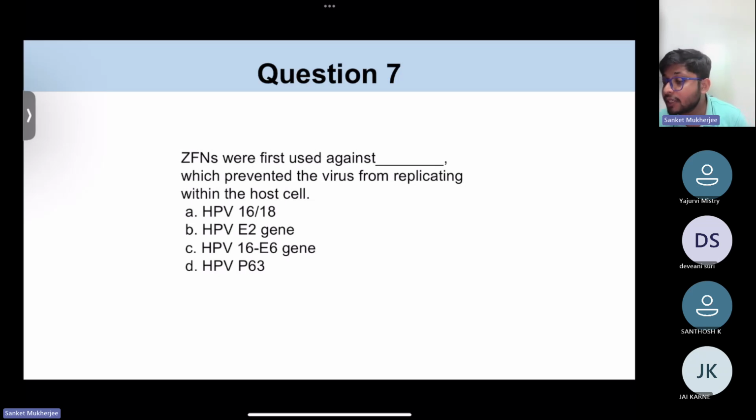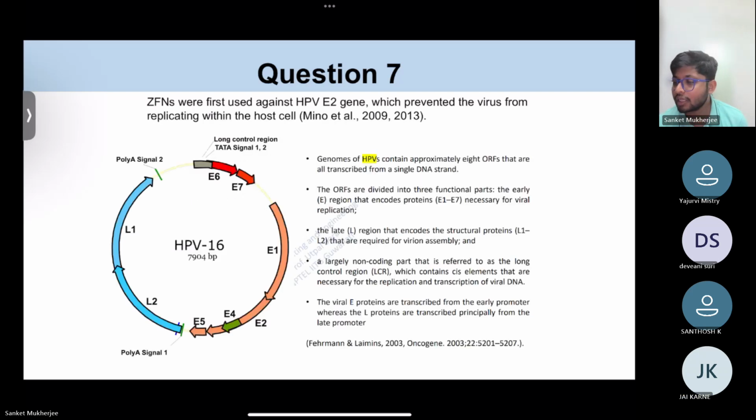Zinc finger nucleases were first used against which gene, which prevented the virus from replicating within the host cell? HPV 16/18, HPV E2 gene, HPV 16 E6 gene, or HPV P63. Option C. They were used first against the HPV E2 gene, which prevented the virus from replicating.